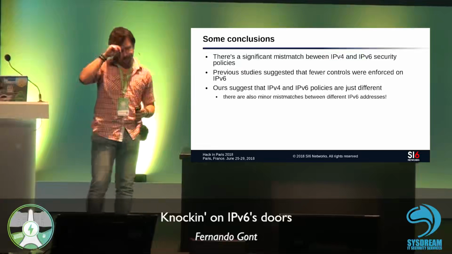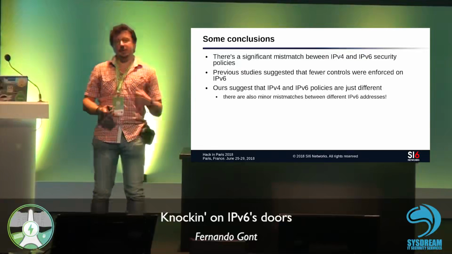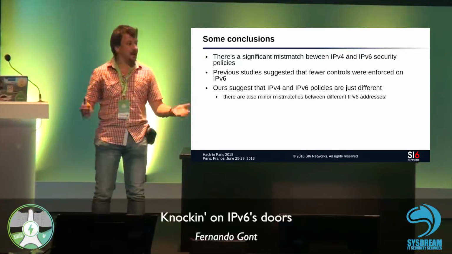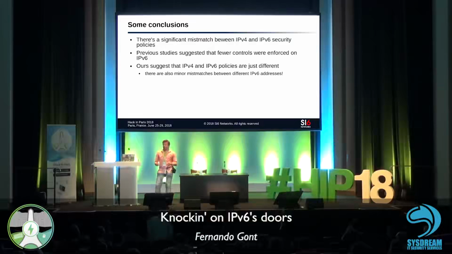So that's one thing. Second thing is that, if you were aware of these issues and you say, okay, I want to make sure that I filter things on both of the network layer protocols, the support that you have on your security device might be different from one protocol to the other, okay?